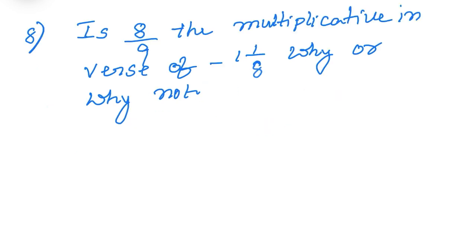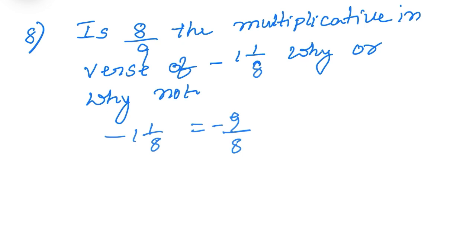Okay. Eighth question. Is 8 by 9 the multiplicative inverse of minus 1 by 8? Why or why not? So given number is minus 1 by 8. What is its value? Let us see. 8 ones 8 plus 1, 9 by 8, but keep minus.